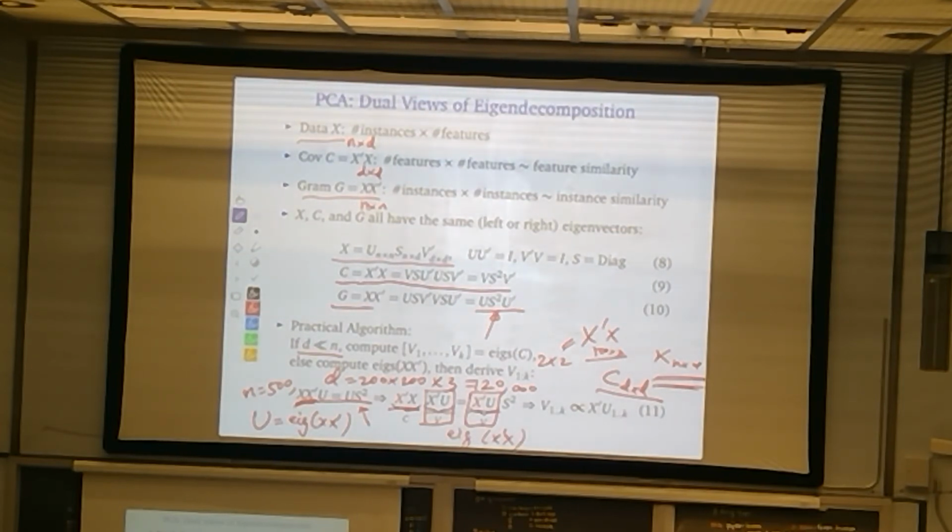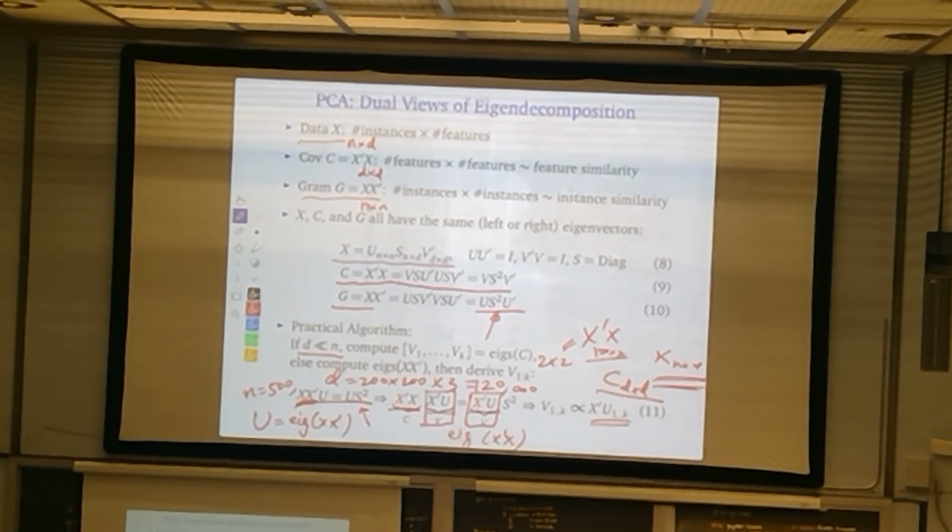That's the definition of eigenvectors. If C is applied to this vector, it becomes this vector, just scaled. It's an invariant subspace. So that means V is simply X transpose U.